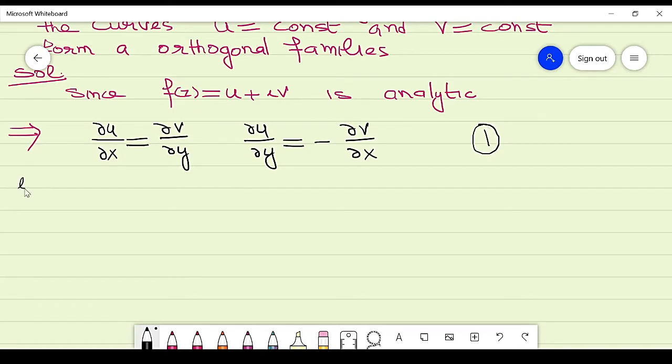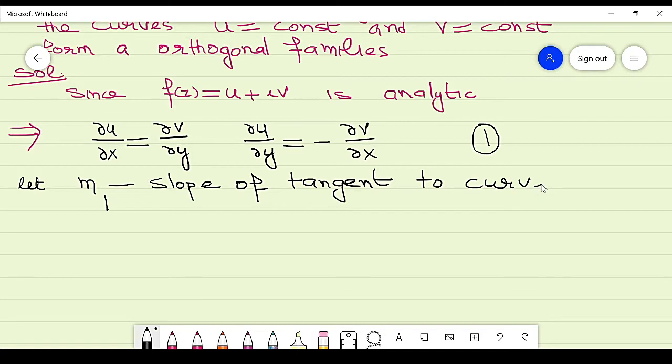Suppose m1 is the slope of the tangent to the curve u equal to c1.